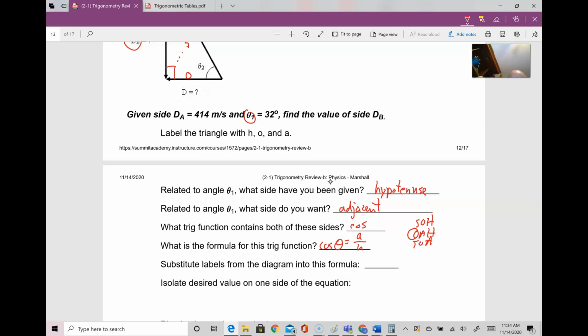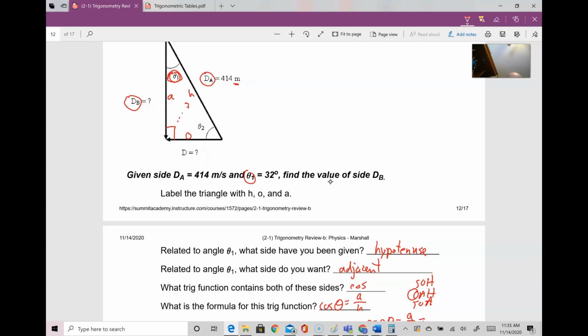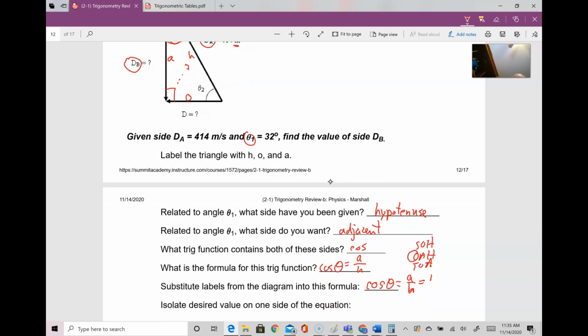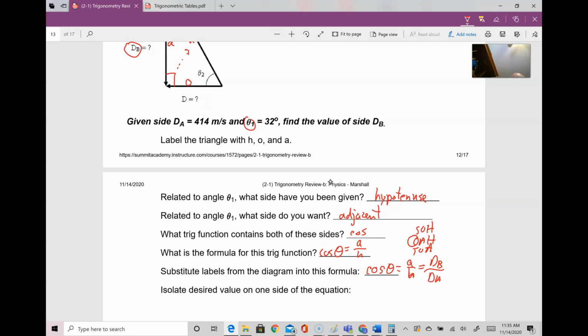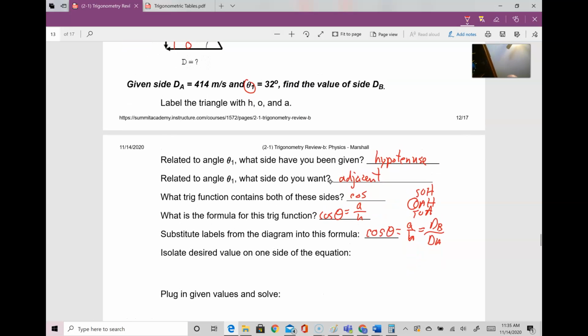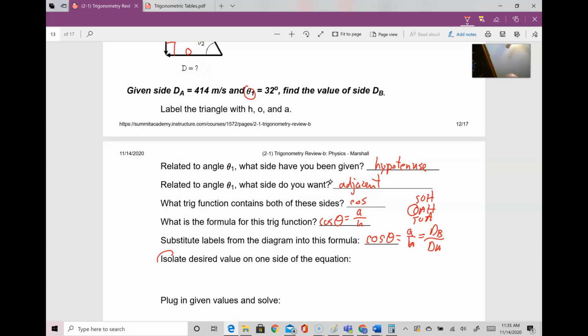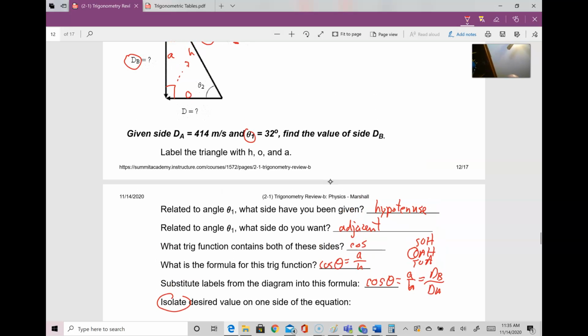So let's substitute the labels from the diagram into this formula. We're going to say cosine of theta equals A over H. And the labels here, A is going to be dB, and hypotenuse is dA. Now I'm going to isolate the thing that I want, and I always circle that thing. I want side dB.